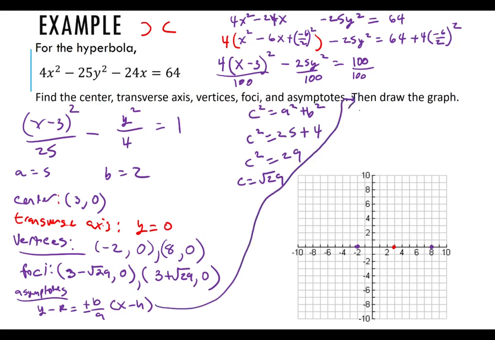And so this is y minus 0 is equal to plus minus, b is 2, a is 5, 2/5 (x minus 3). And so we get y is equal to 2/5 x minus 6/5, and y is equal to negative 2/5 x plus 6/5. And so there's our asymptotes.